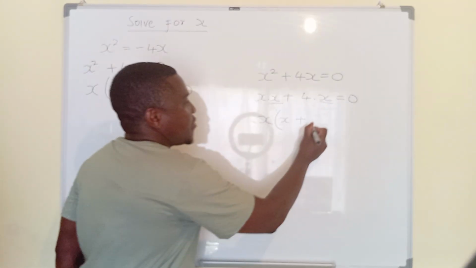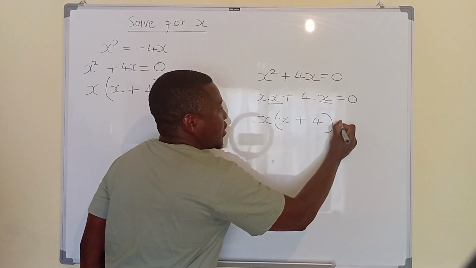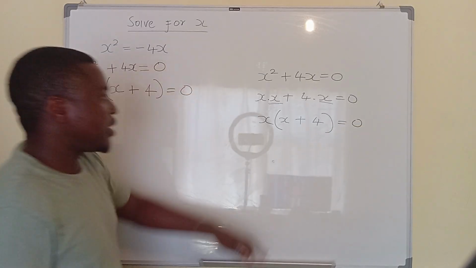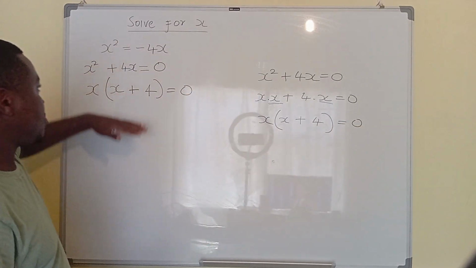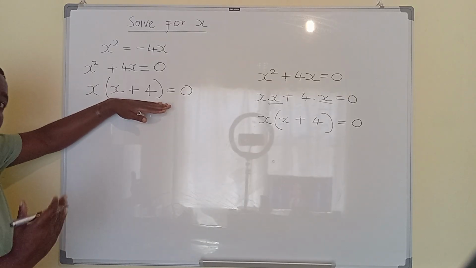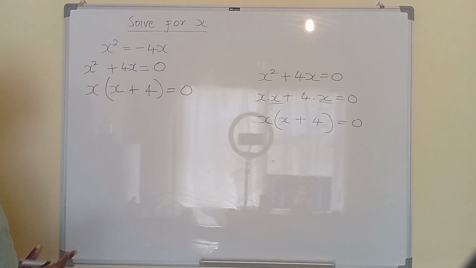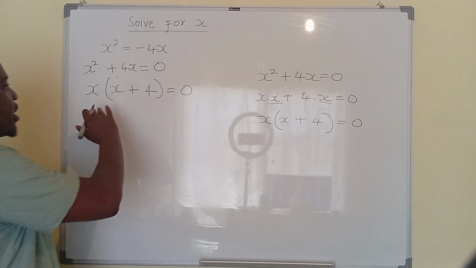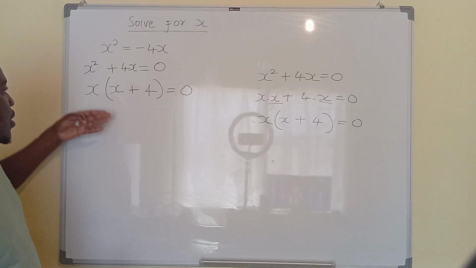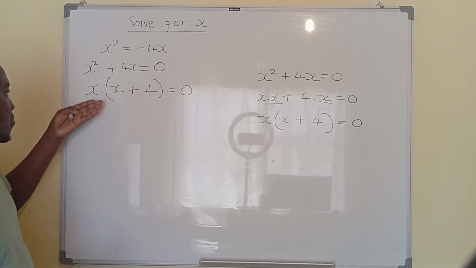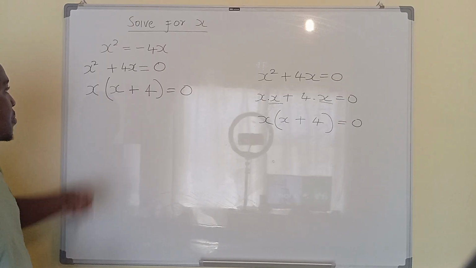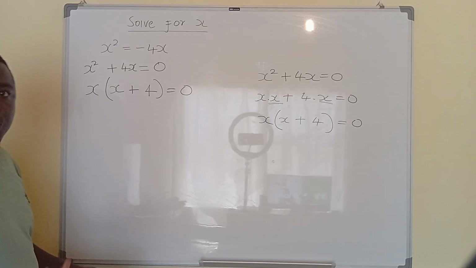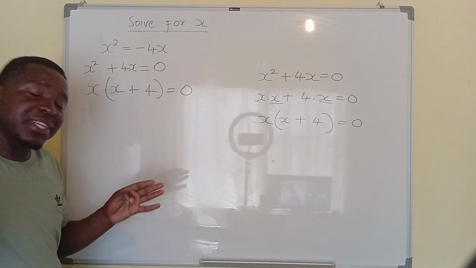It's simple. The value is 4. Then you close your bracket. This explains the step that I've just taught you about. So it is pretty much solvable when it's like this.